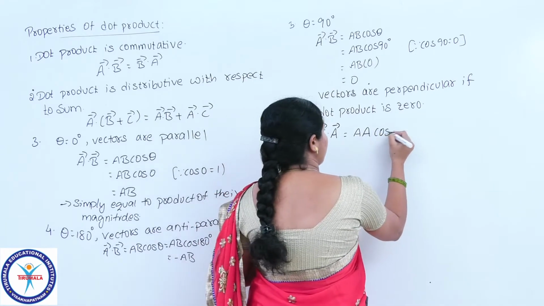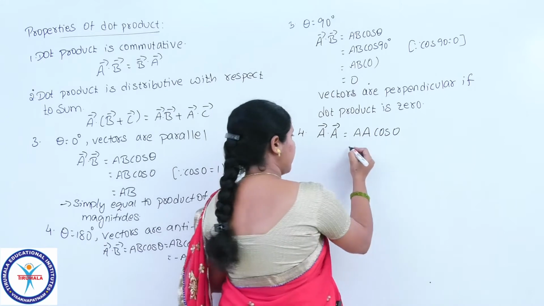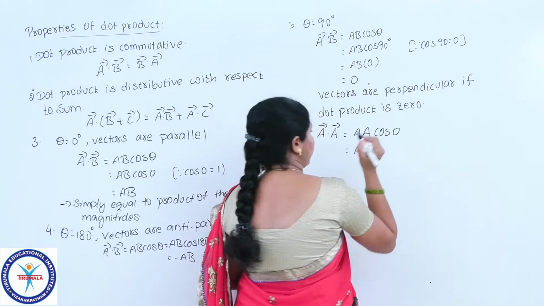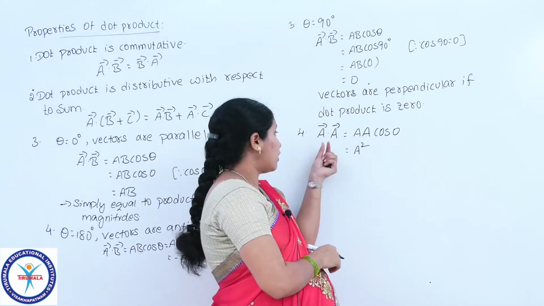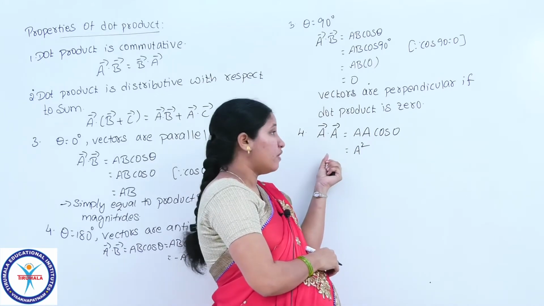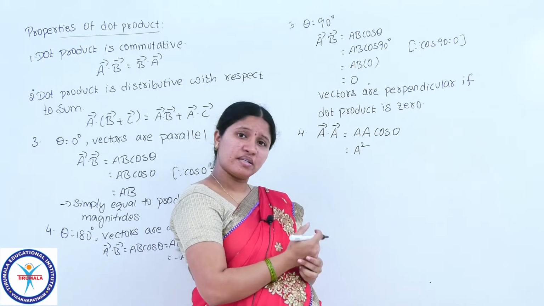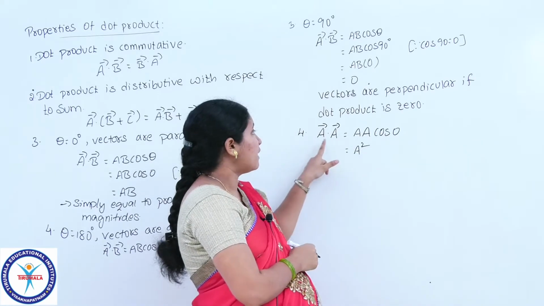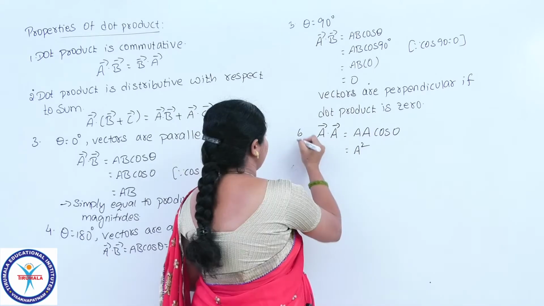So cos 0. Cos 0 value is 1. So we get a square. So when we multiply a vector with the same vector, we take the dot product which is equal to square of its magnitude. So a bar dot a bar is equal to a square.